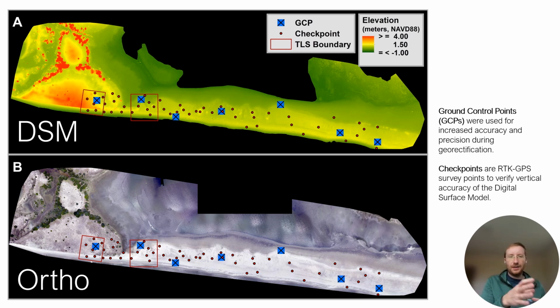Those are the blue X's you see. And then vertical checkpoints, those are where we were out with an RTK GPS unit, collecting points across the island. The little red boxes represent areas where we had a terrestrial LiDAR unit that we were out collecting scans with, for comparison with our digital elevation models generated from the drone.